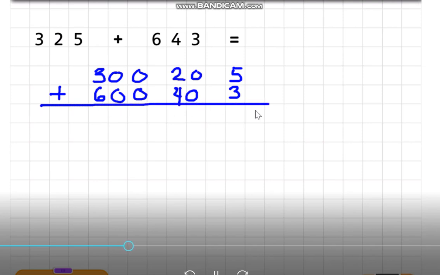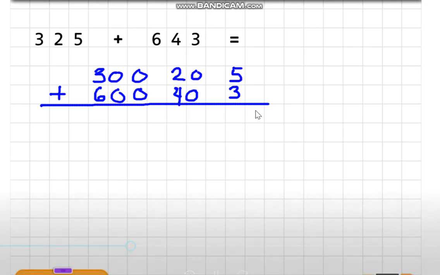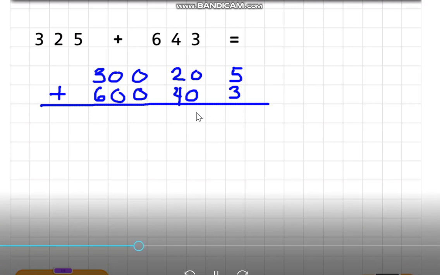Okay, so always remember to start with the smallest numbers and work up to the biggest numbers. Smallest going to the biggest. So it's the same thing as working out from your right to left. Where is our sign? There you go. Okay, let's start adding these numbers in the ones place.